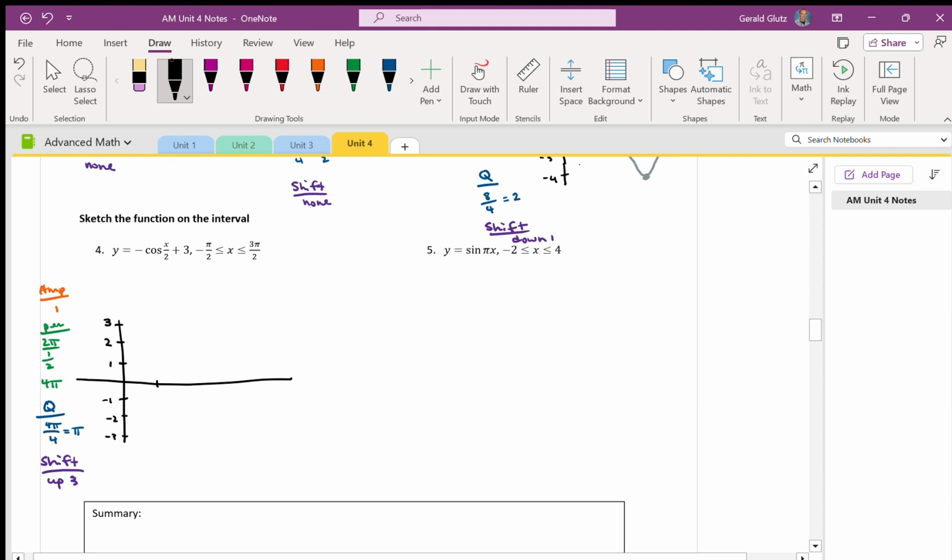Quarter sections are pi, so pi, 2 pi, 3 pi, 4 pi, which is what our period is. Midline is going to be on the x-axis.